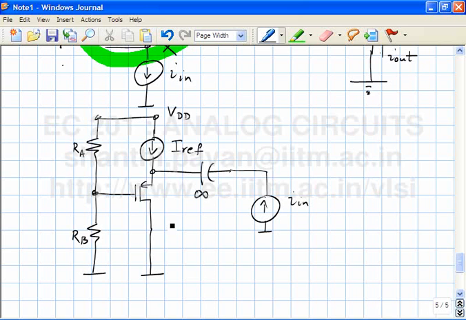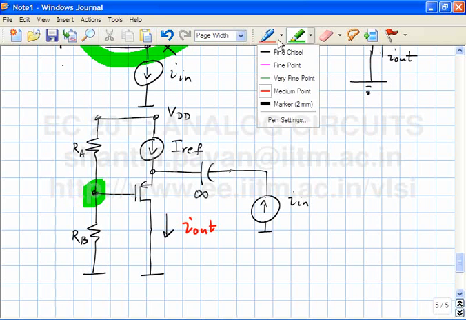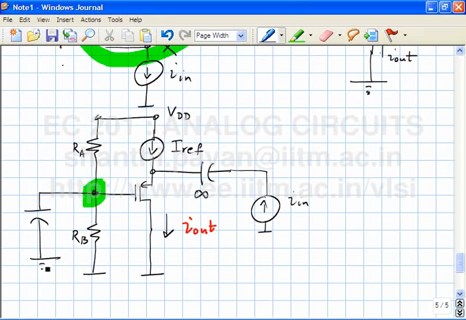Since I have changed the direction of IN, the incremental output current is I out in this direction, and since no current flows to the gate, it hardly matters that at the gate we wanted it to be grounded, but now it is going to incremental ground. So a resistance of value RA parallel RB, but since no current flows to the gate, it doesn't matter, but at high frequencies this is not true, so it's common practice to put a capacitor there too. And this is the complete circuit for a common gate amplifier.